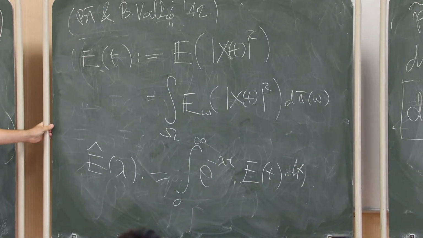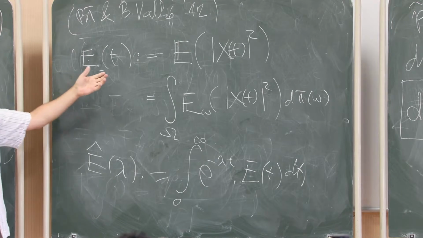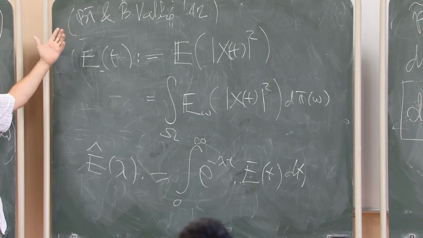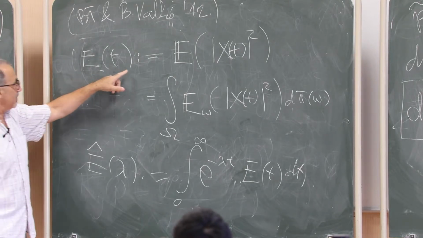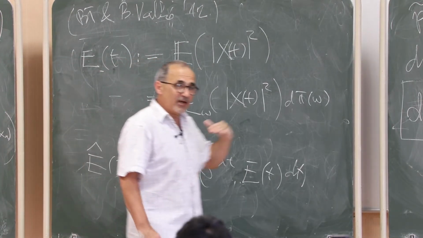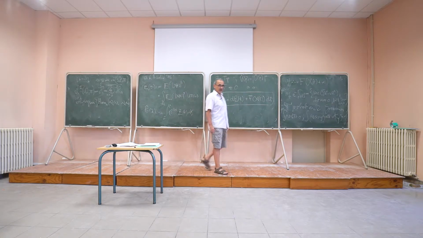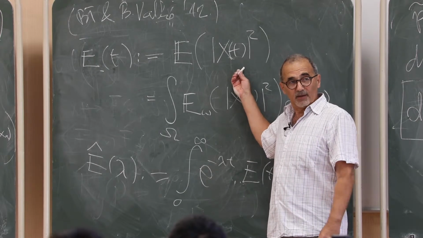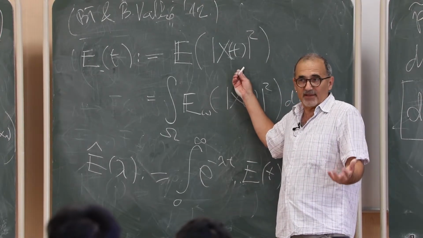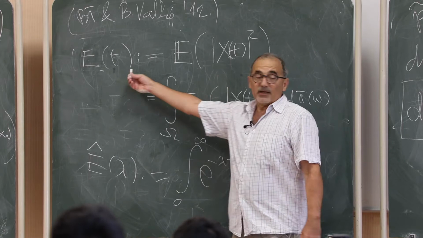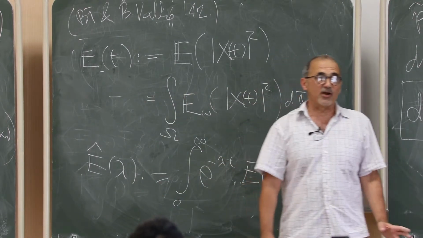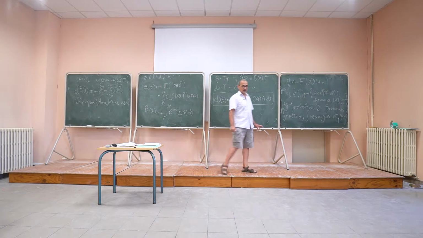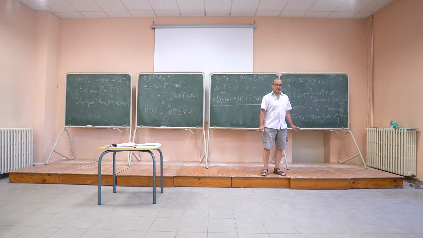Now, if this process were diffusive, then this E(t) would behave linearly for large t. If it was diffusive, then X_t divided by square root of t would be tight, and squared you would get something like a constant. This would be linear in t. Take the Laplace transform, it would behave like 1 over lambda squared at lambda equals 0.